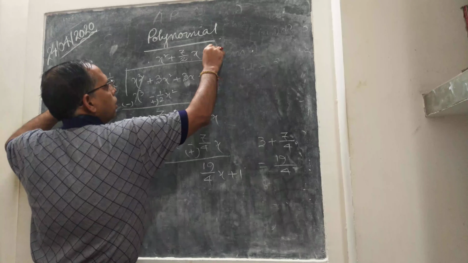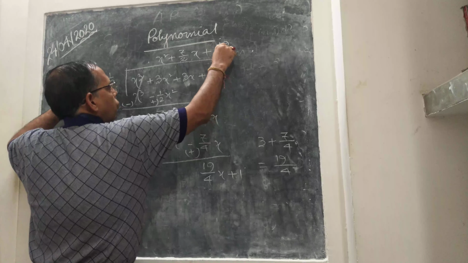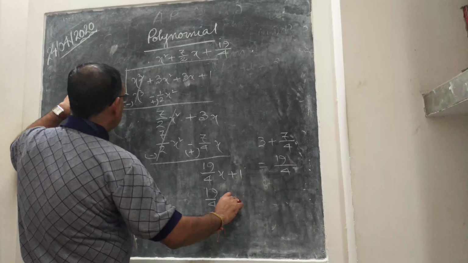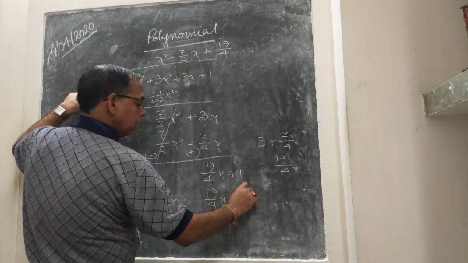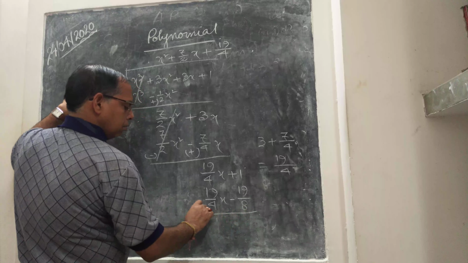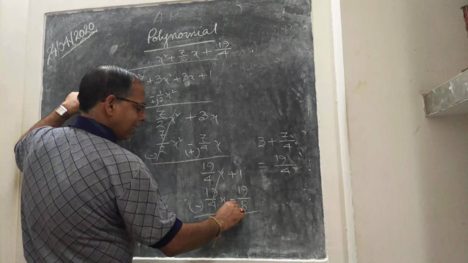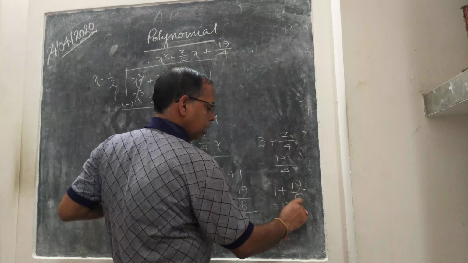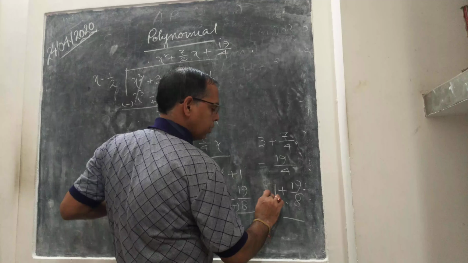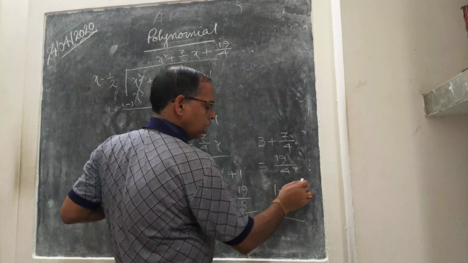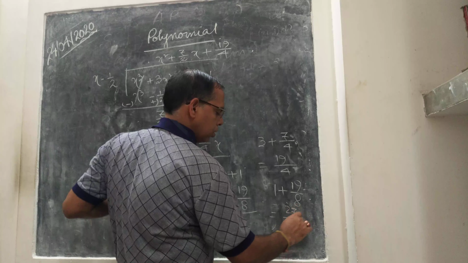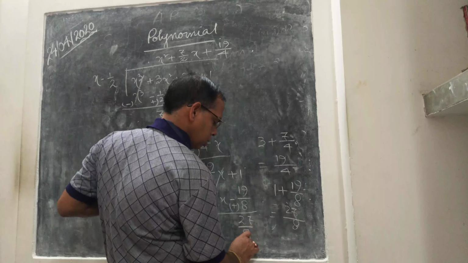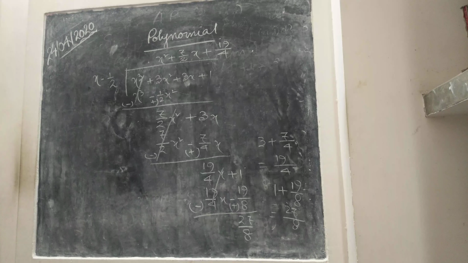So it will be only 19 by 4. So 19 by 4 x minus 19 by 8. Minus, so this one is gone, plus. So 1 plus 19 by 8. 8 ones are 8, 8 plus 19 will be 27, so 27 by 8. Okay?